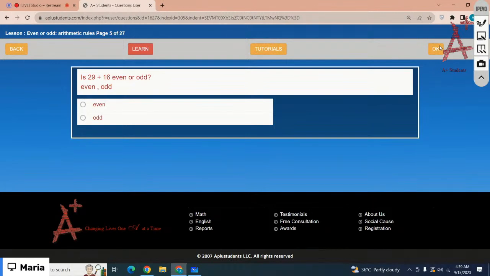Is 29 plus 16 even or odd? You are adding an even and an odd number, right? So their sum is even. No, their sum is odd, not even.